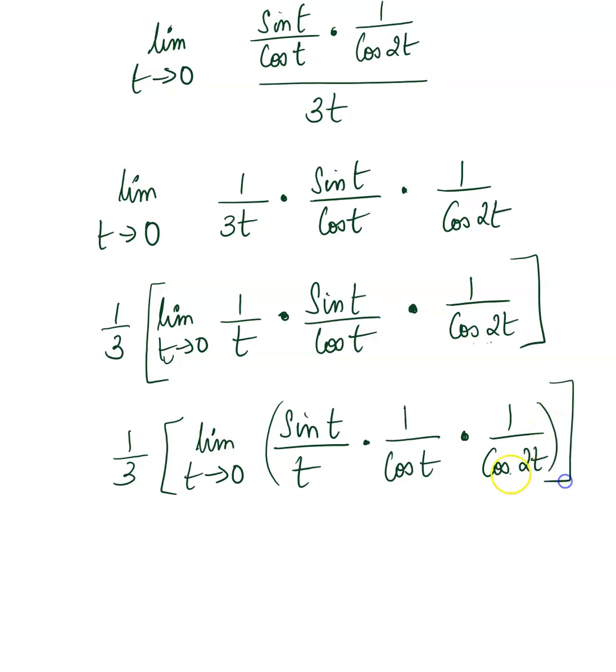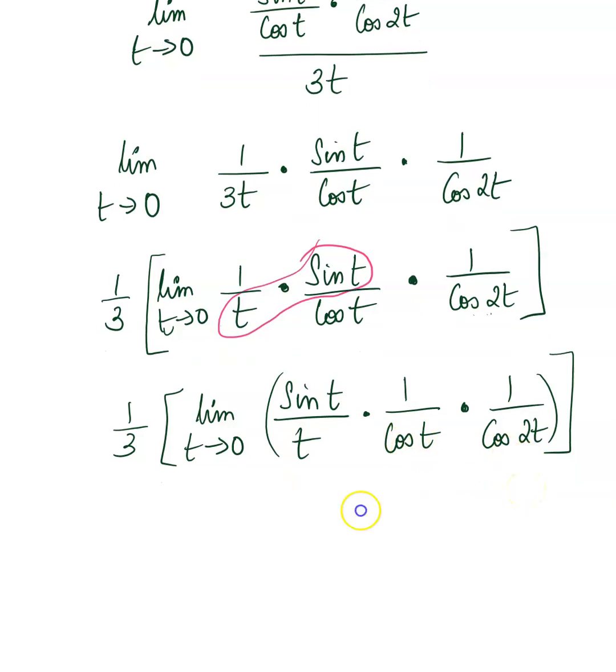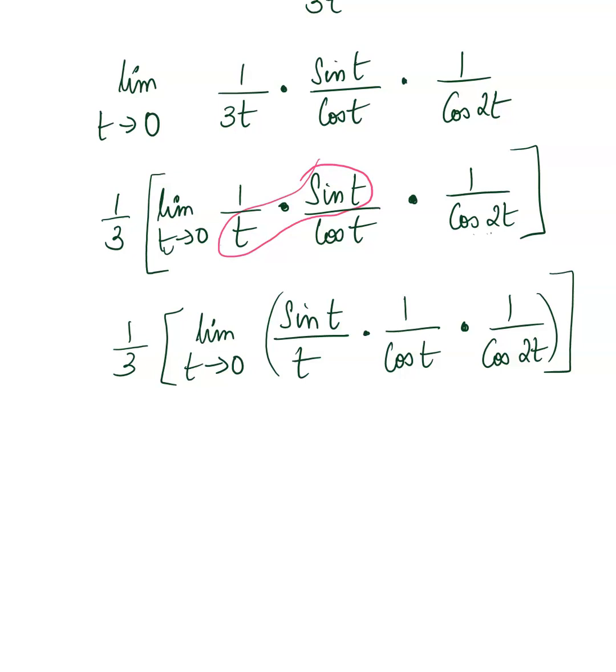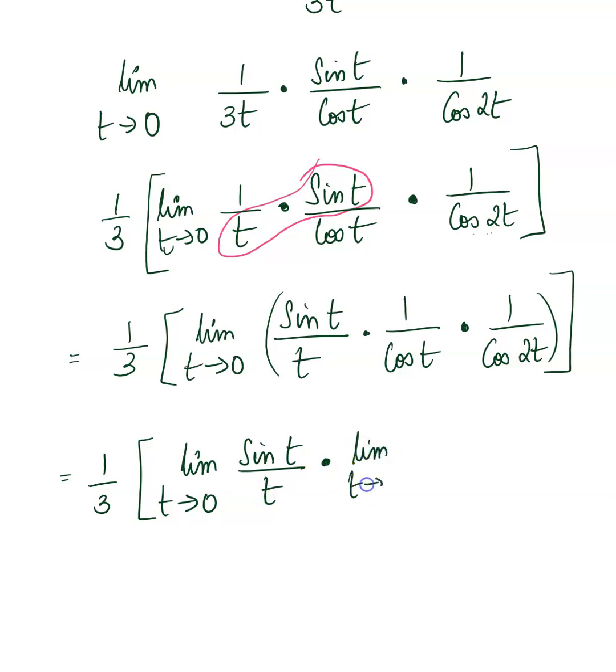Notice how I combine the sine t and the t together as a fraction, and I kept the cosine t and the cosine 2t as separate fractions. Now it's time for us to apply the limit for each one of them because it's a product. You can use the product rule to apply the limit for this, times the limit as t approaches 0 of 1 over cosine t, times the limit as t approaches 0 of 1 over cosine 2t, all of which is multiplied by 1 over 3.